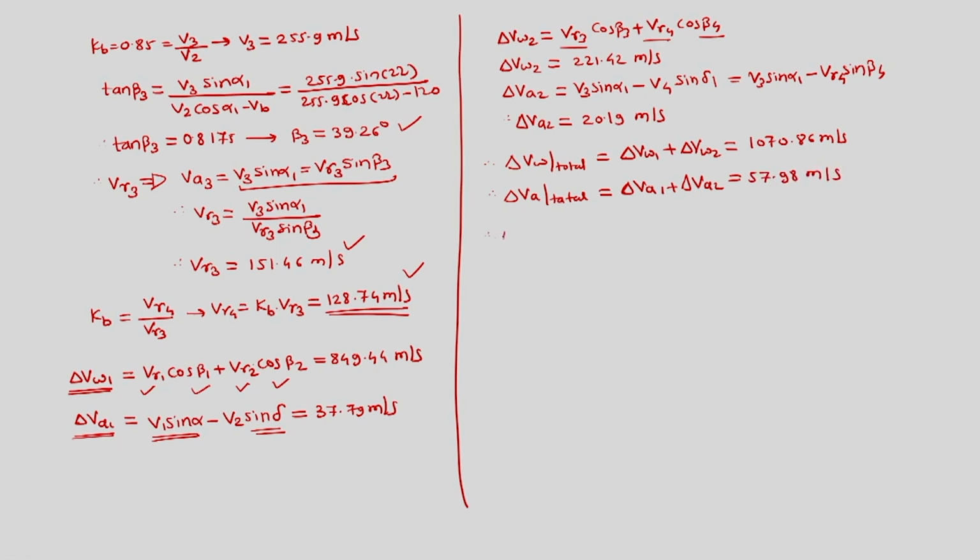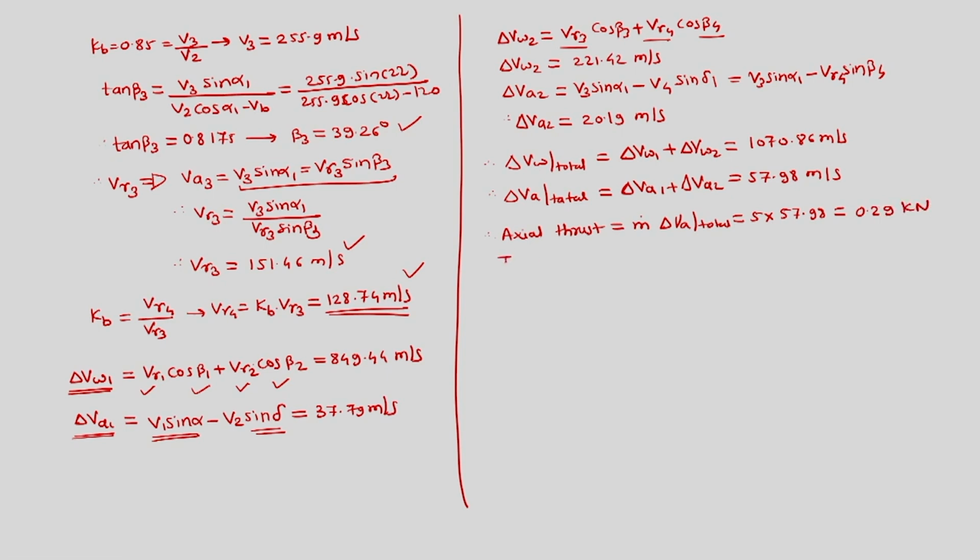So we can find the axial thrust, equal to m dot into delta VA total, that is 5 into 57.98, and this is 0.29. We get this answer in newtons. We are expressing it in kilonewtons as 0.29 kilonewton.